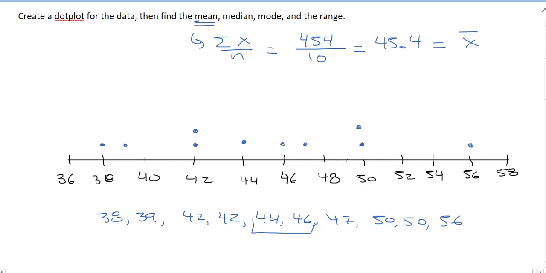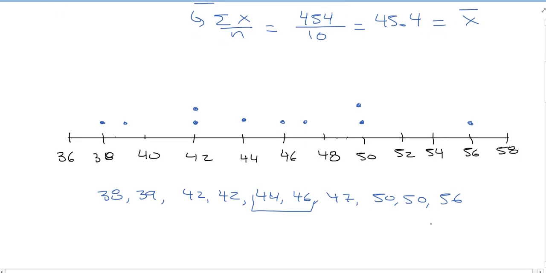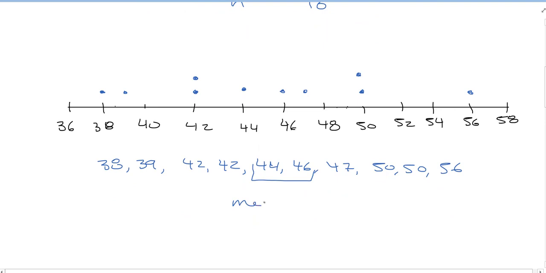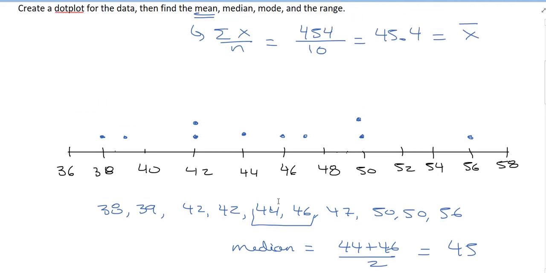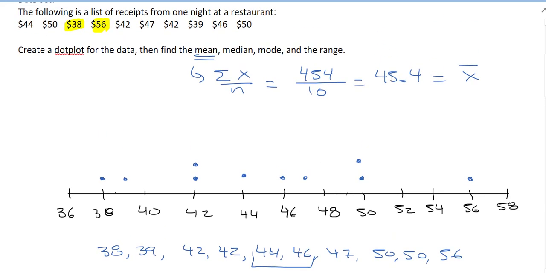Notice that I have 4 on one side and 4 on the other side, so I'm going to take the average of these 2. The median is going to be 44 plus 46 divided by 2, or I can just look at it: what's in the middle of 44 and 46 is 45. So the median is 45. It's not a value in my data set, but that's okay. So the median is 45, and the mean is 45.4, so it's slightly skewed right.